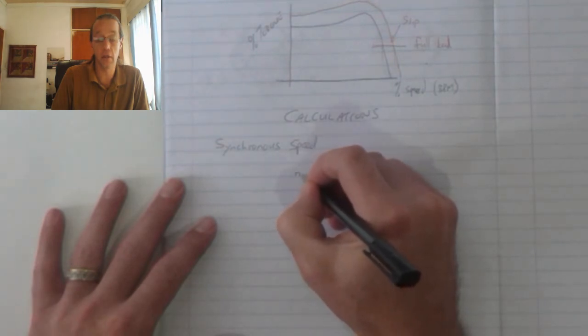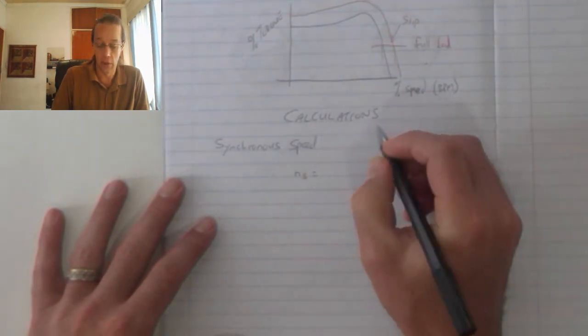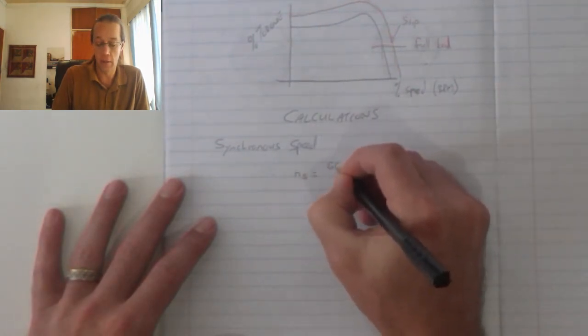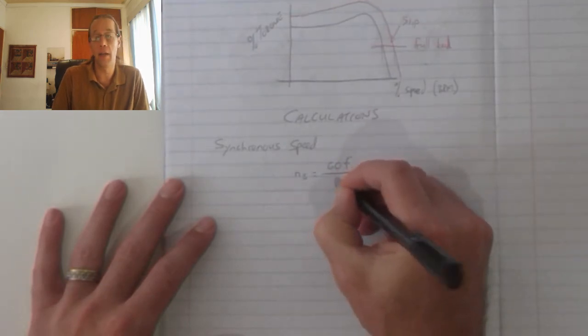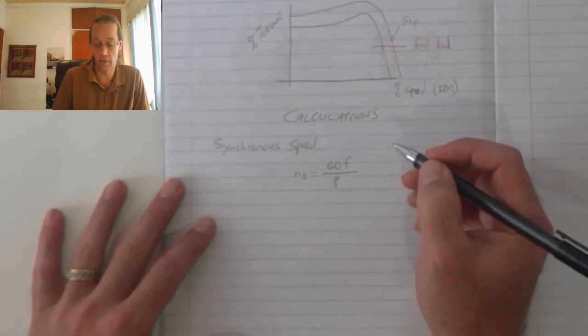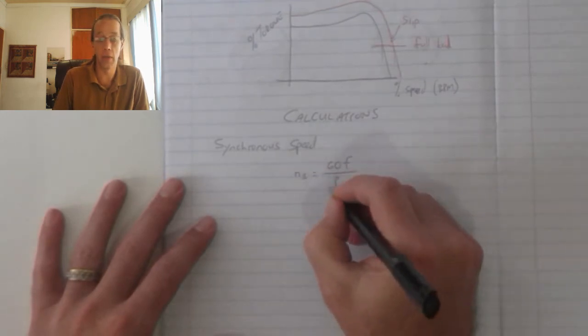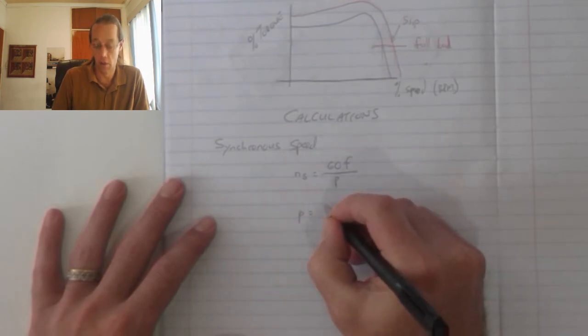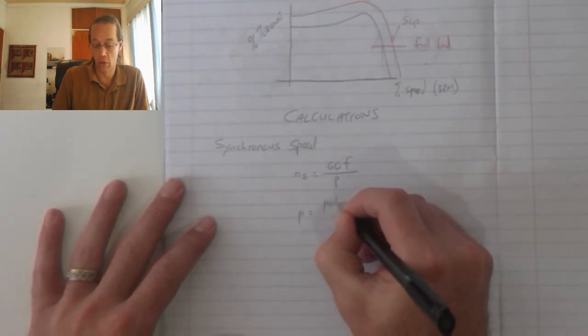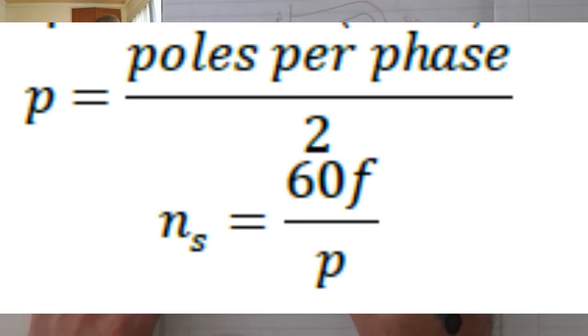It's calculated: NS is equal to 60 times the frequency divided by the number of pole pairs per phase. Okay, to calculate the pole pairs per phase, I say P, which is equal to poles per phase divided by 2.